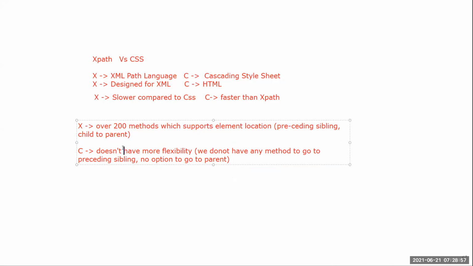Once we find an element and want to go to its preceding sibling, it is not possible. And in XPath, if we want to go to its parent, we can just use /. But a similar method is not present inside the CSS technique. So that is the reason, instead of having problems identifying elements using CSS, most of the time we use XPath. Understood? Is that clear?